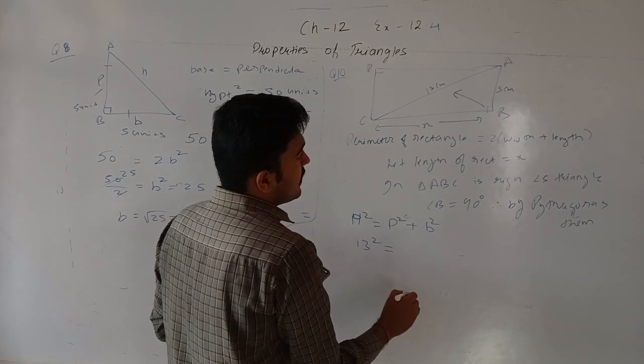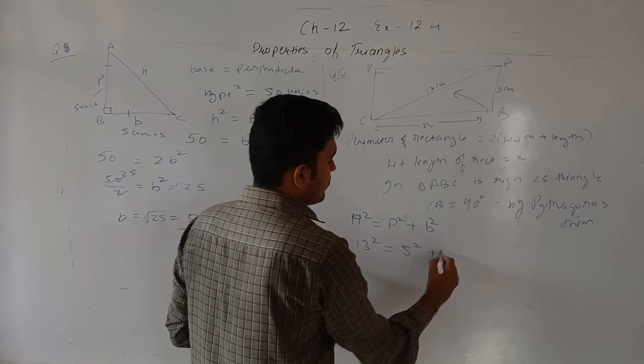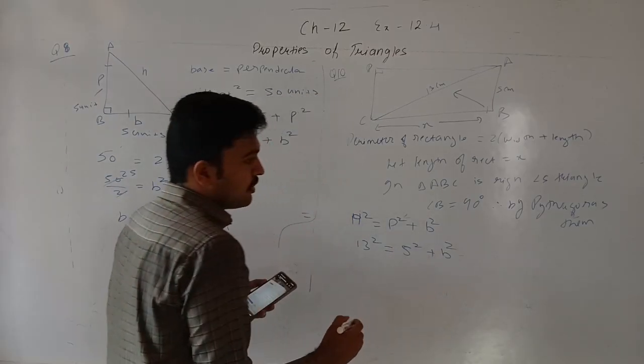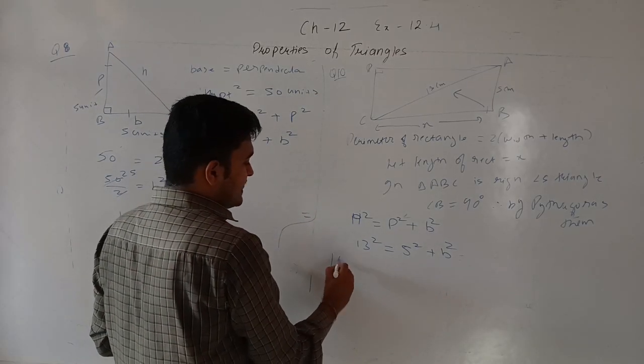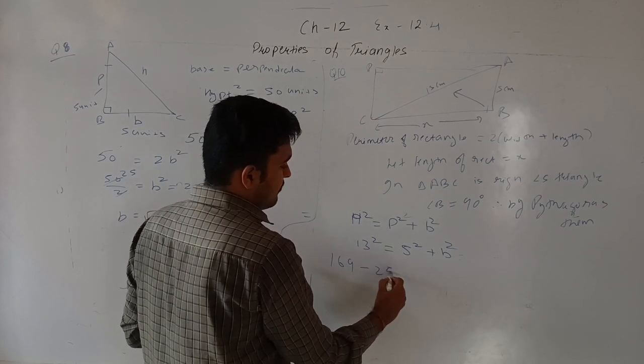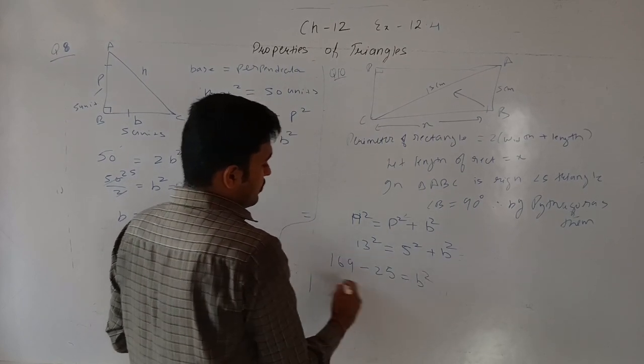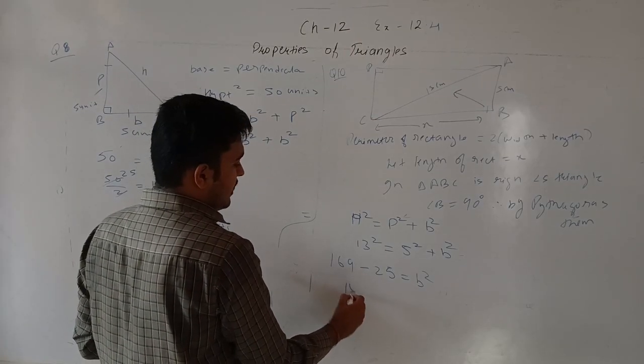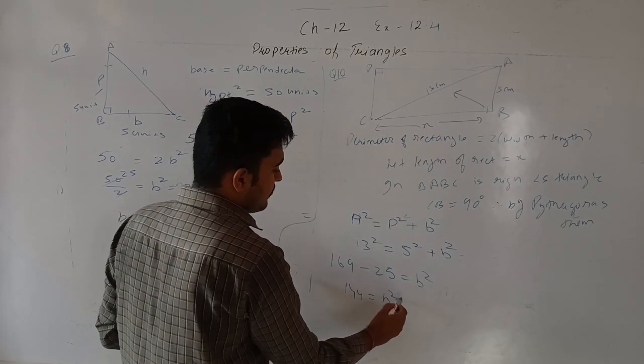Therefore 13 squared must be equal to 5 squared plus the base squared. So 13 squared is 169, minus 5 squared, which is 25, must be equal to b squared. 169 minus 25 is 144.